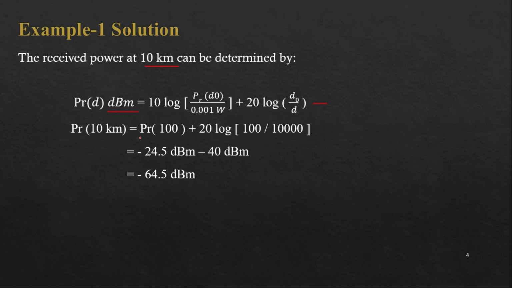We have already found PR at 100 meter distance, and then for 20 log d0 by d, d0 is 100 and d is 10 kilometers, so it is 10,000. We already found this in the previous slide: it is minus 24.5 dBm, and if you solve this you will have minus 40 dBm. So ultimately the power at 10 kilometer distance is minus 64.5 dBm.